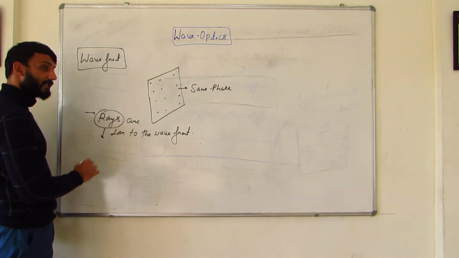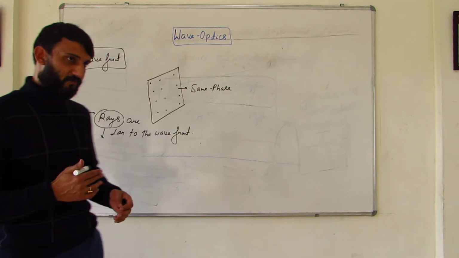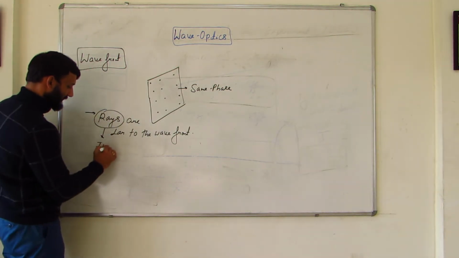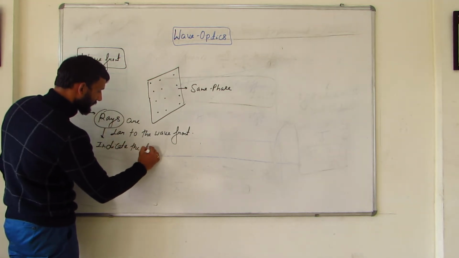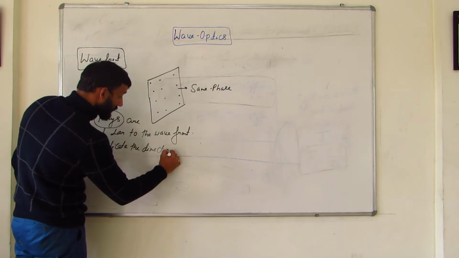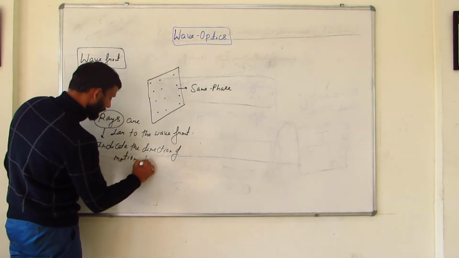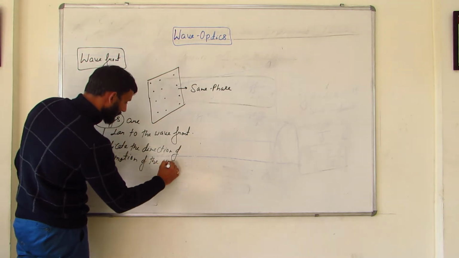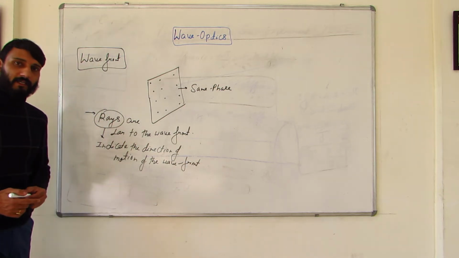They basically give us the direction in which the wavefront will move. So rays basically indicate the direction of motion of the wavefront. This is what the rays do, right?